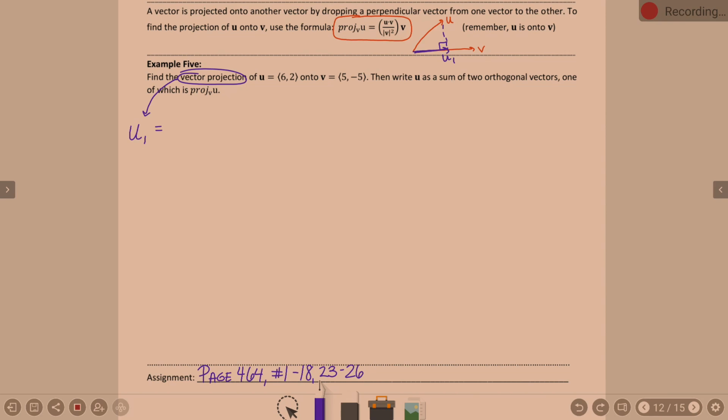We're going to use that given formula, the projection of u onto v, which is u dot v on top over the absolute value of v squared on bottom, times v. I haven't filled anything in. I'm just trying to get the formula written out.